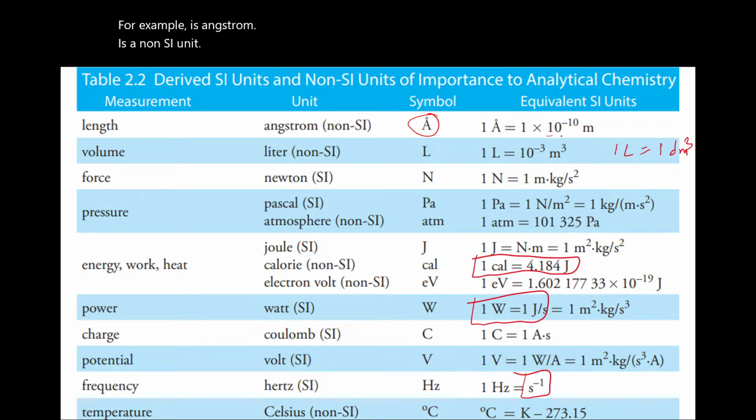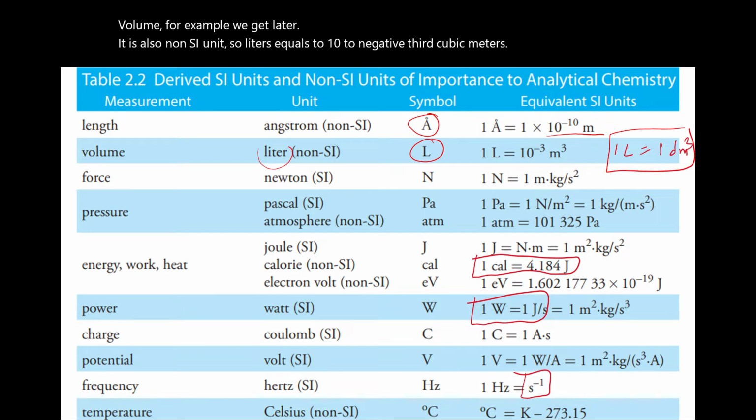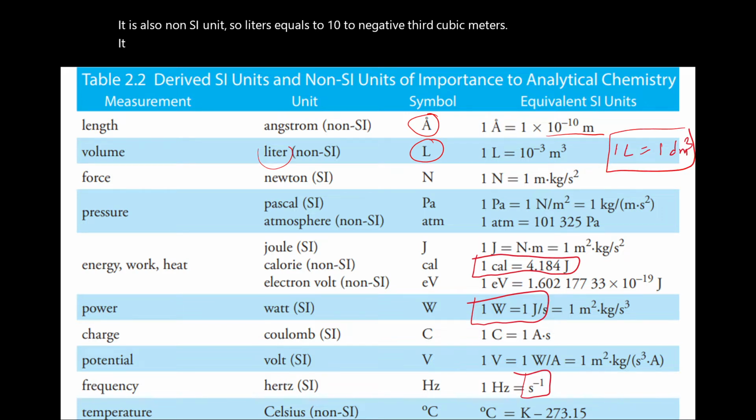It equals 10 to negative 10 meters. For volume, for example, we have liter. It is also a non-SI unit. So a liter equals 10 to negative third cubic meters, or 1 liter equals 1 cubic decimeter.